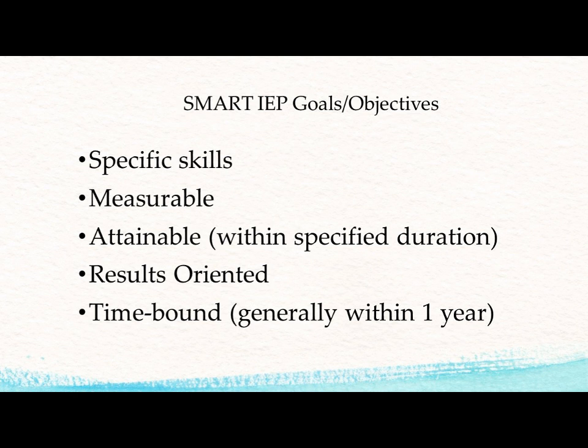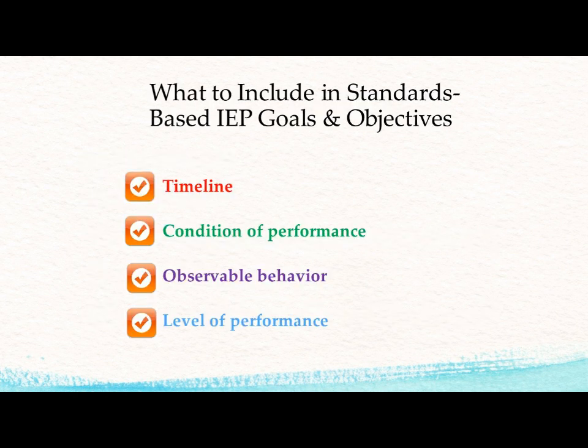Next, the components that are specified in a SMART standards-based goal are the timeline, the condition of performance, the observable behavior that will be measured, and the level of performance expected for mastery. Let's look at some examples.